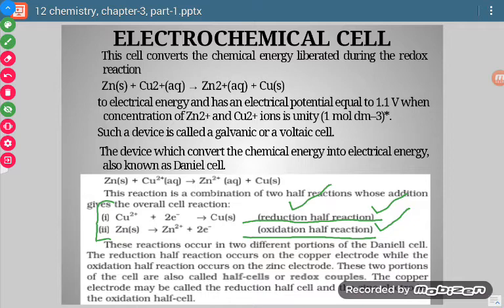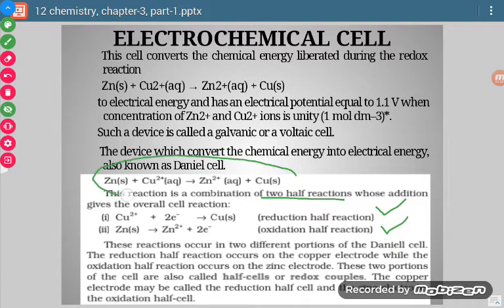Our cell is the zinc copper electrochemical cell, with two half cells in which two half reactions occur. In the copper half cell this reaction occurs, which is called reduction, and in the zinc half cell this reaction occurs, which is called oxidation.